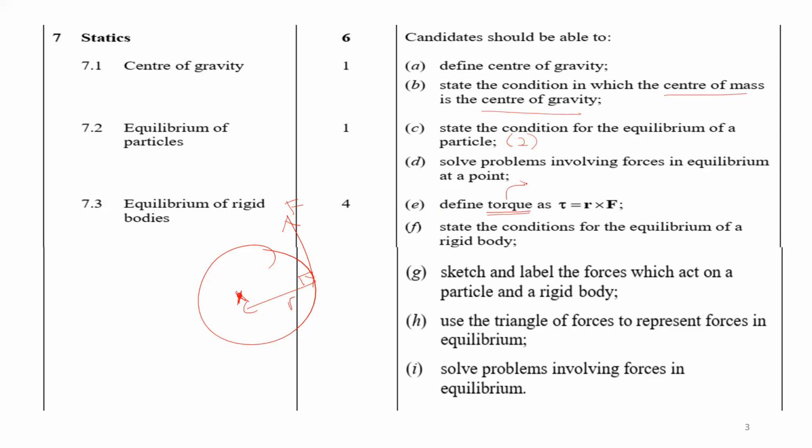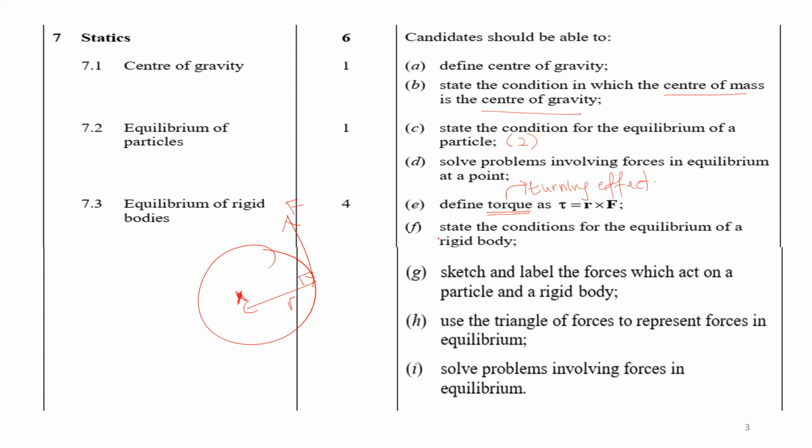So what we understand is that torque is a form of turning effect. Around us, you can find a lot of examples related to the turning effect. One example is when you open or close a door.